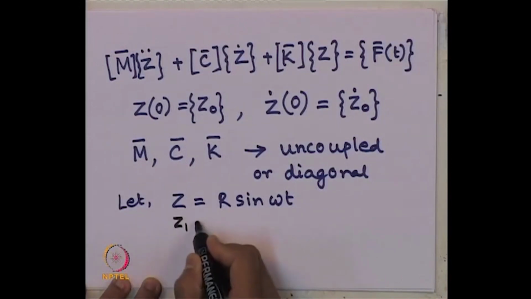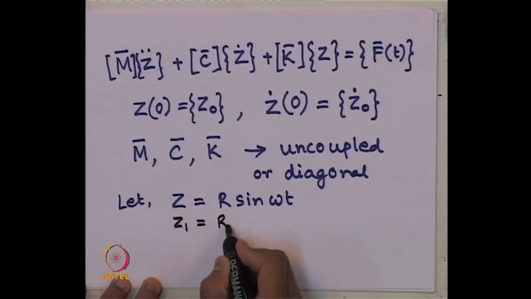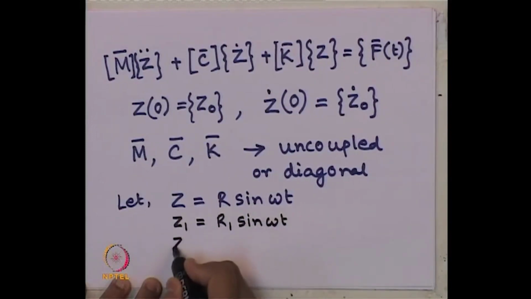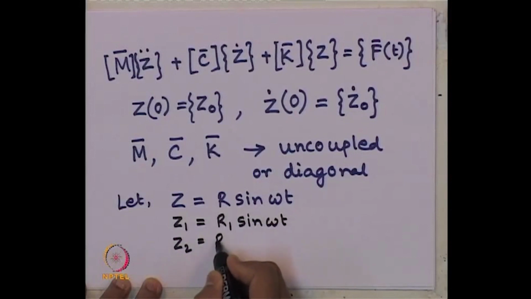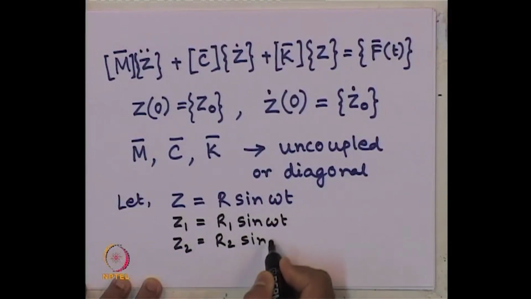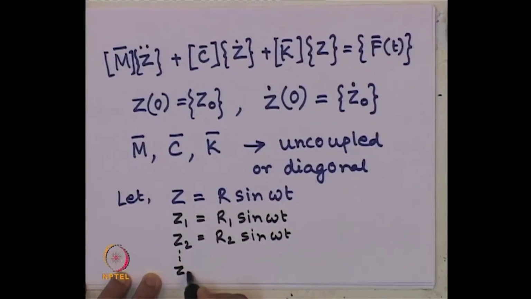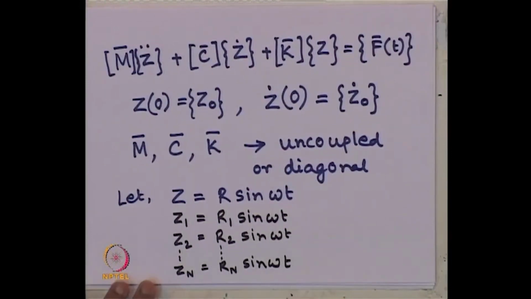So, we have z1 equals r1 sin omega t, z2 is r2 sin omega t, similarly up to zn will be rn sin omega t. These are the assumed form of solution.